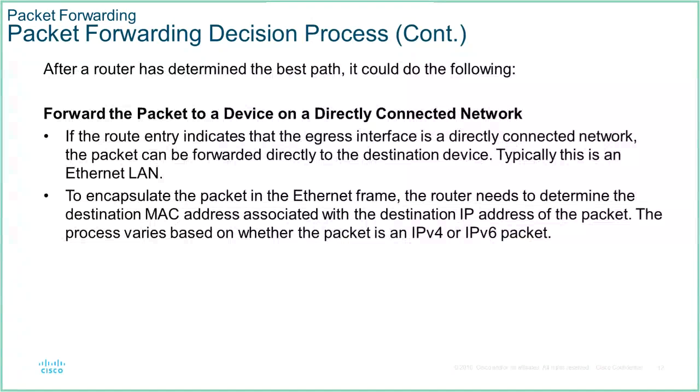Then it'll encapsulate it with the correct layer 2 header for the MAC address of that destination, and then put it on that interface and shuttle it off to its final destination. Now, as you know, depending on the media type depends on the type of frame, but it's still Ethernet, so it still has the same type of format.